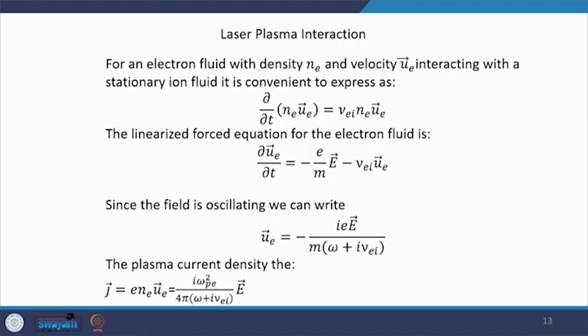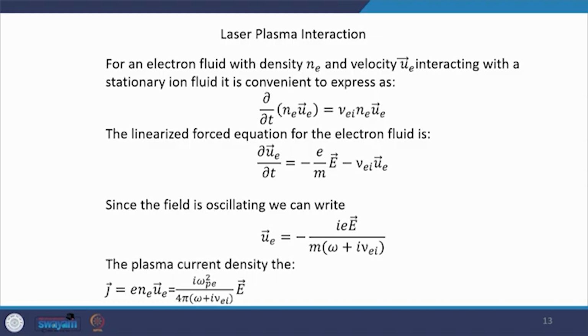We use an electron fluid with density Ne and velocity ue. Generally the mass of the ions is much larger than that of the electrons, so compared to electrons the movement of ions is quite slow, and one can consider the electrons as moving against the background of the ions.